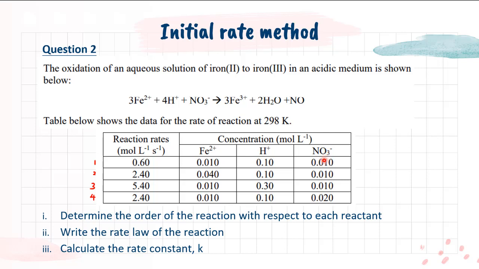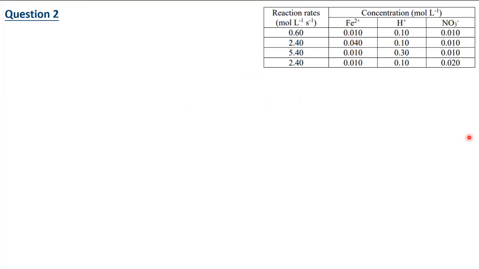Okay, so first question, determine the order of reaction with respect to each reactant. Write the rate law for the reaction, and lastly, calculate the rate constant K. So first of all, let's just do our unknowns. Let the rate equal K, concentration of Fe2 plus raised to power X. If you want to put it M and L, also can.